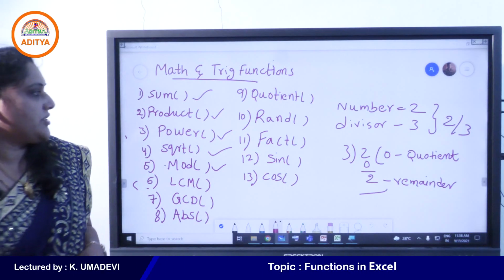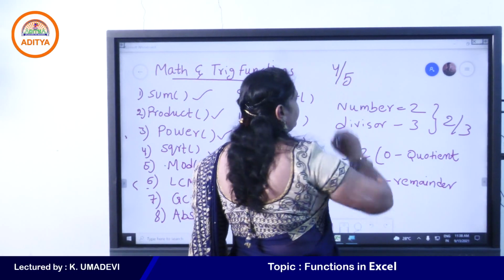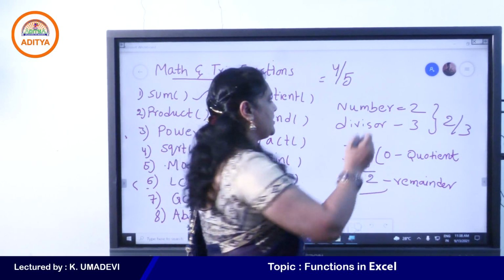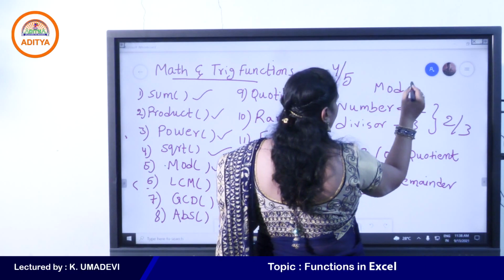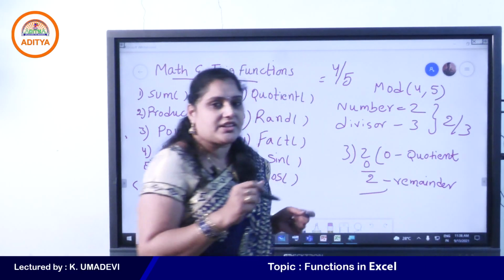Okay, students. So for example here, 4 by 5. So what is the result of 4 by 5 for mod function, students? So for example, if you enter mod of number 4 comma divisor 5, what is the result of 4 by 5?